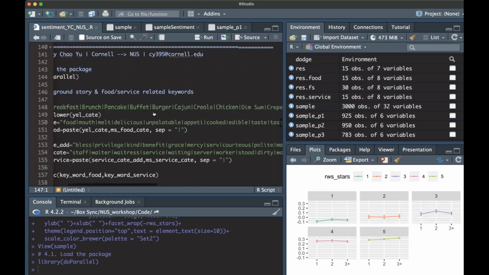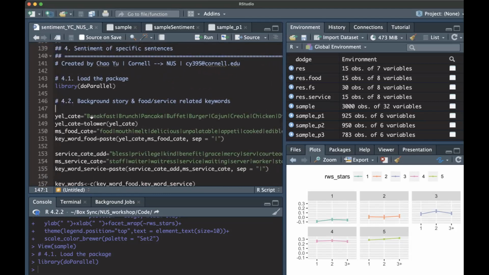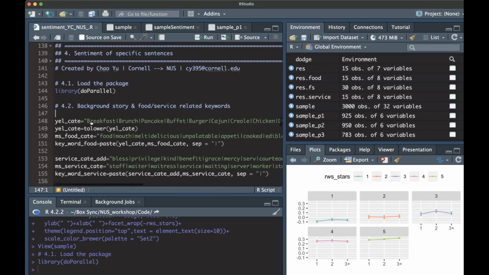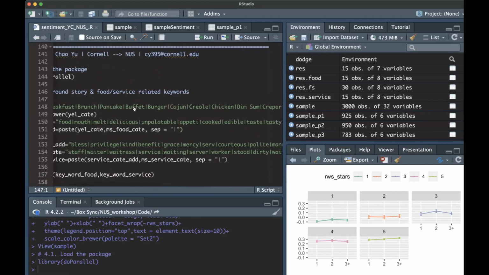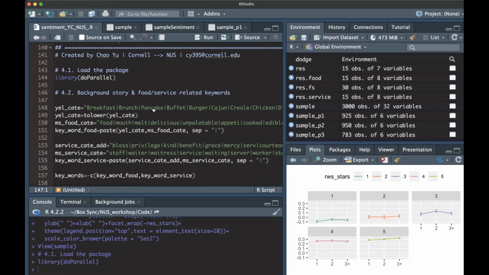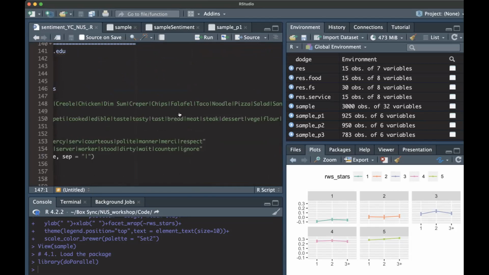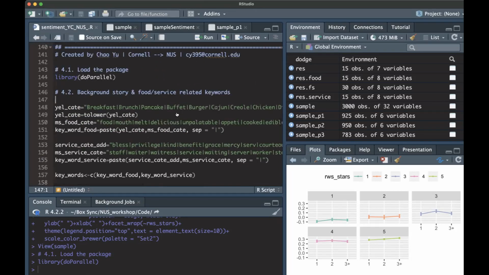So these are the keywords I found from the Yelp categories. It's not like random keywords that came into my mind. These are the keywords listed by Yelp under the restaurant categories that I think normally indicate they are talking about food.